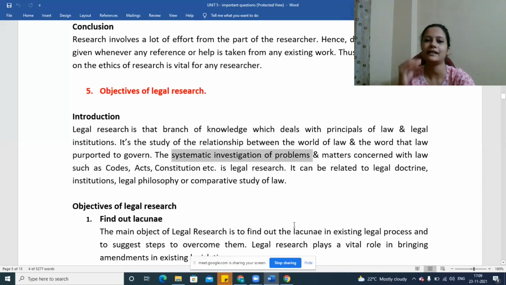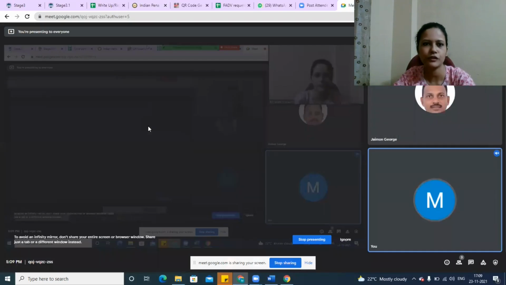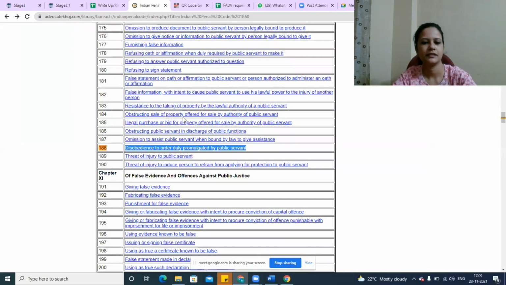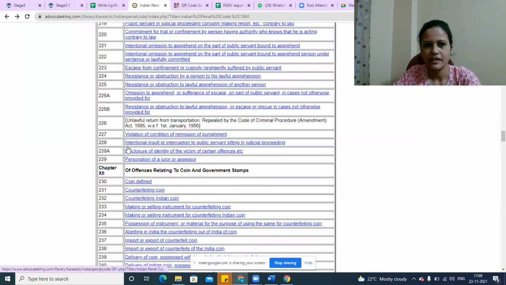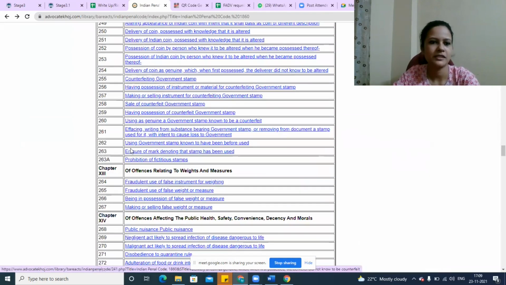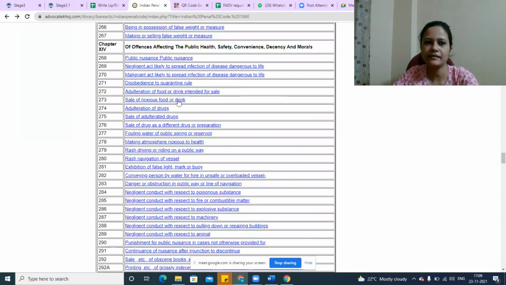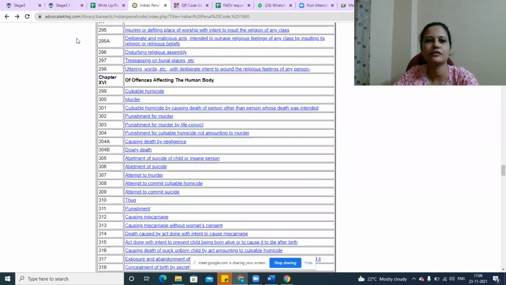We want to find out what all the problems are that a certain legislation or a certain area of law is having. If you look at the Indian Penal Code, you may see these different types of crimes that are being mentioned, and these have gone through many changes. All these additions that we see are nothing but changes.